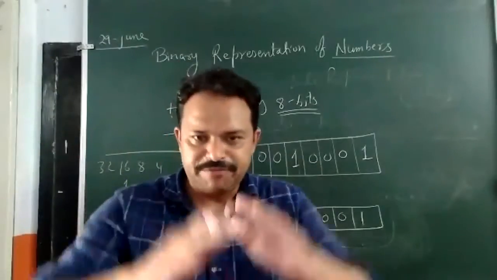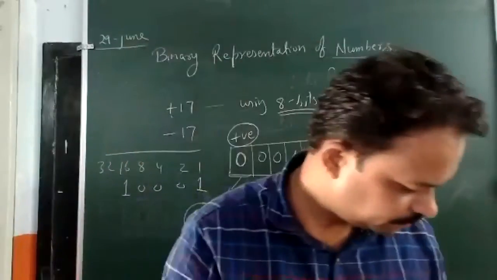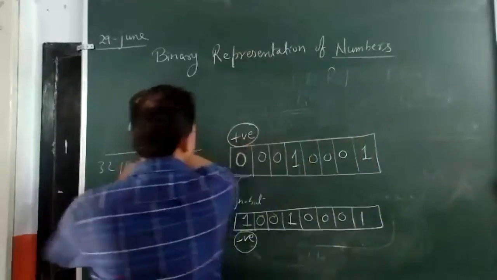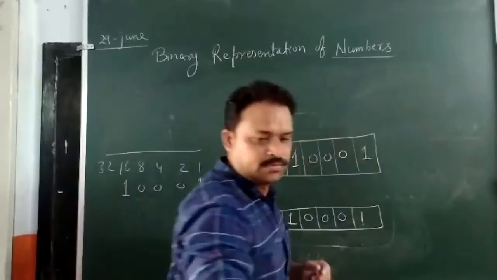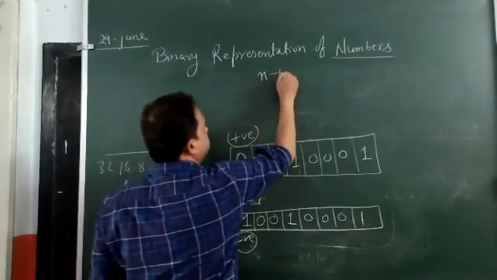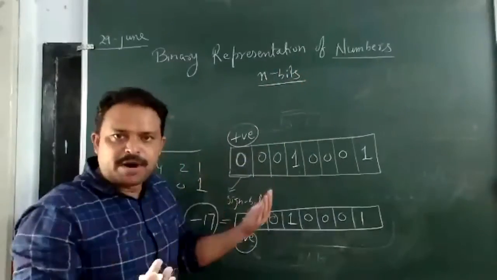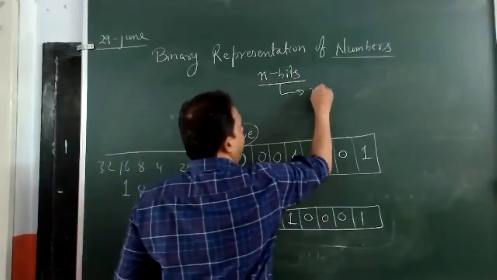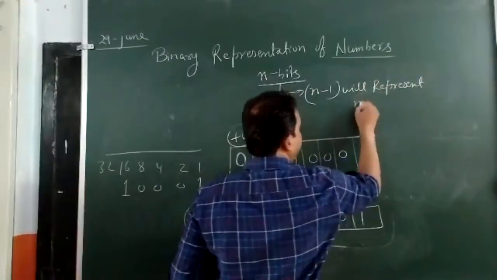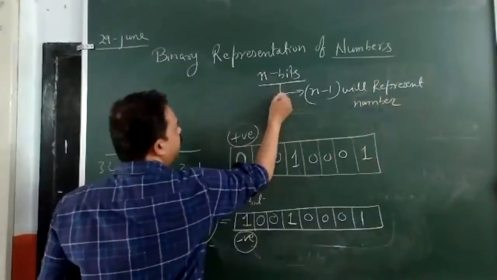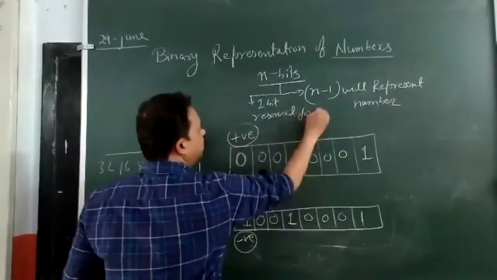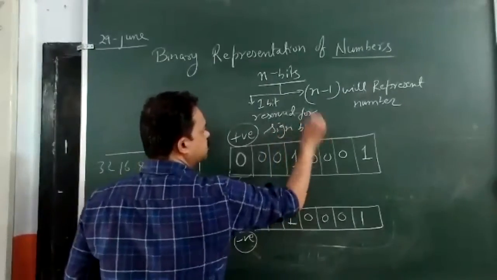So, what conclusion have we drawn? Let me finalize. If you are using n bits for representing any number, out of n bits, n minus 1 will represent the number, and 1 bit is reserved for the sign bit.